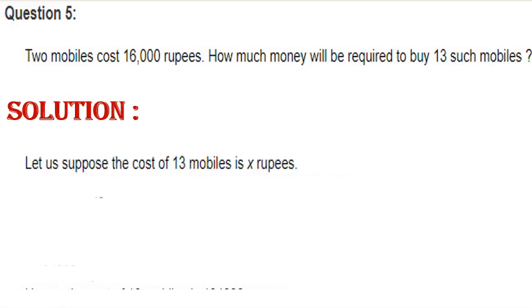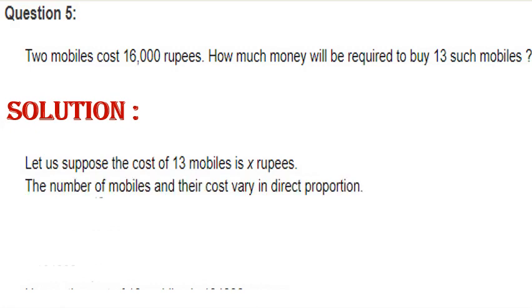Let us suppose the cost of 13 mobiles to be rupees X. So they both are directly proportionate, the number of mobiles and their cost vary in direct proportion. So therefore, the division of these two values has to be constant, that is number of mobiles upon the cost. In the first situation, it is 2 mobiles for 16,000, so it will be 2 upon 16,000 in LHS.